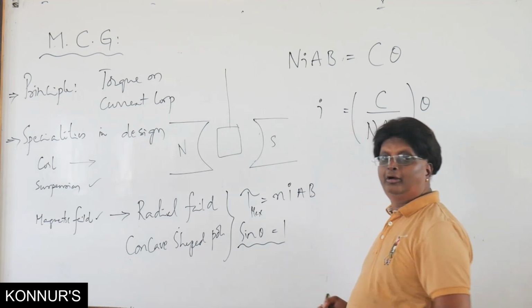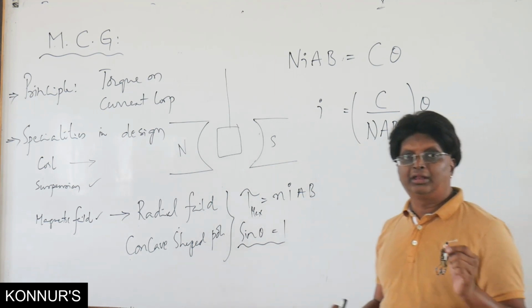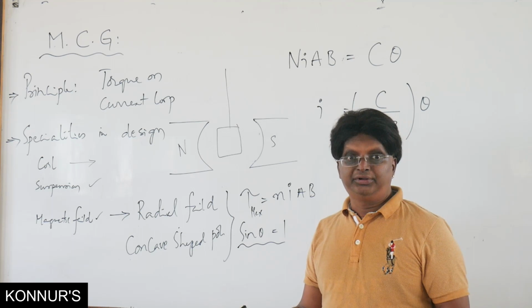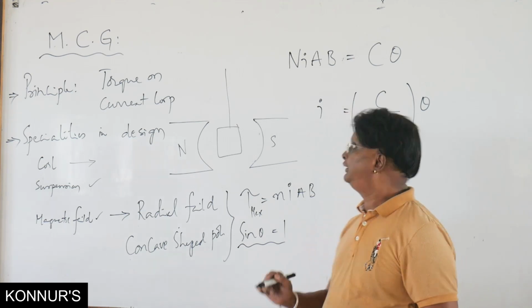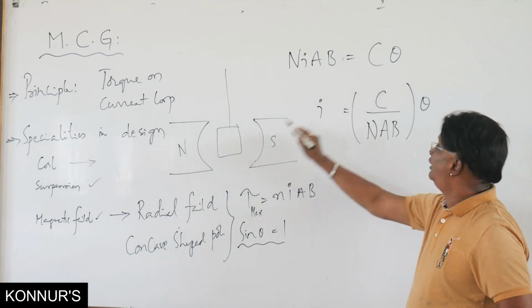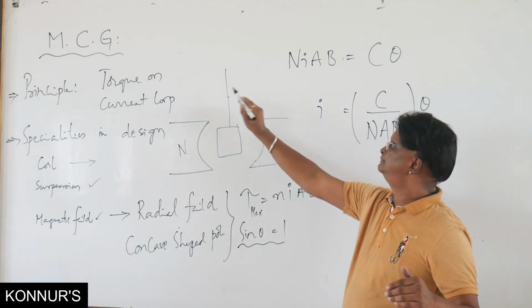Now here comes an all important formula for moving coil galvanometer. Keywords: moving coil galvanometer, current measurements, right? Current sensitivity, voltage sensitivity. You remember figure of merit. Now we discuss that. Now NIAB is the torque produced in the coil, whereas C theta is the restoring torque produced in the suspension.